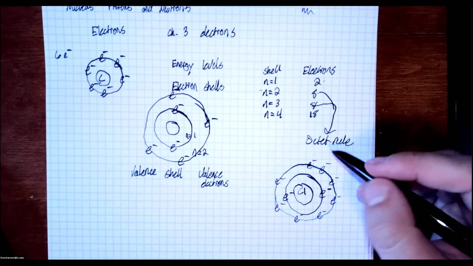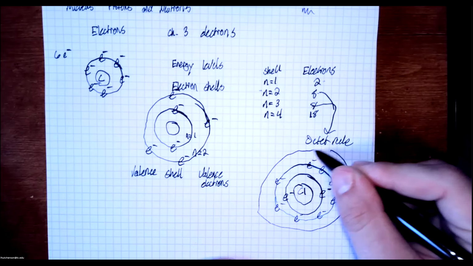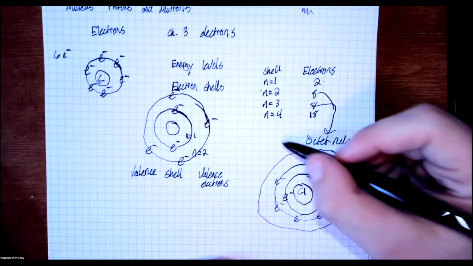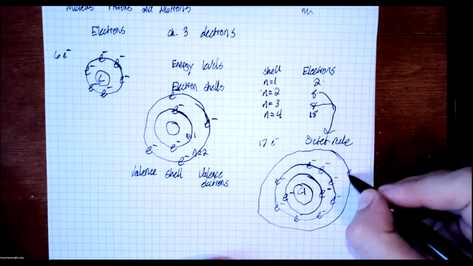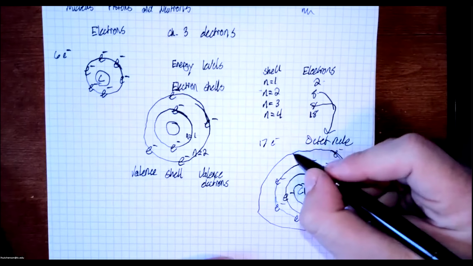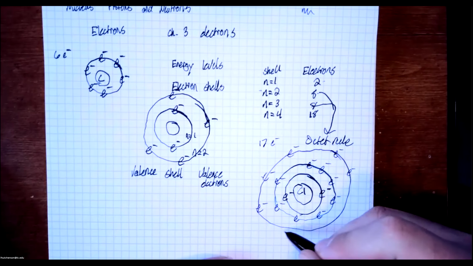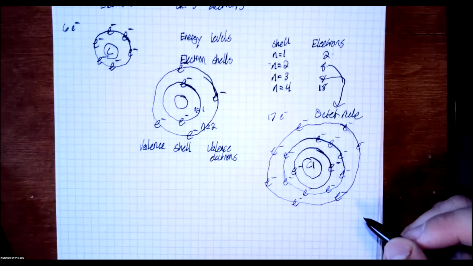There's 8, but that still only gives us 10 electrons. So we have to go out to our n equals 3 shell. And so there again, we have 17 electrons total, so we're going to put 7 in our n equals 3 shell.